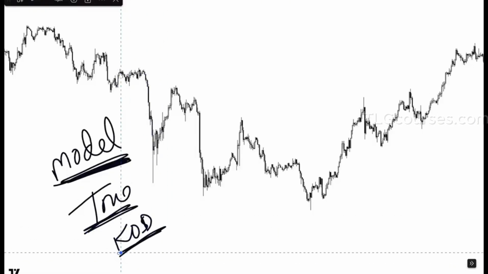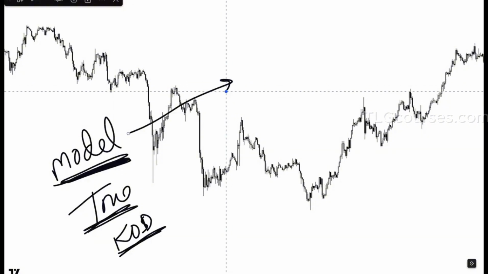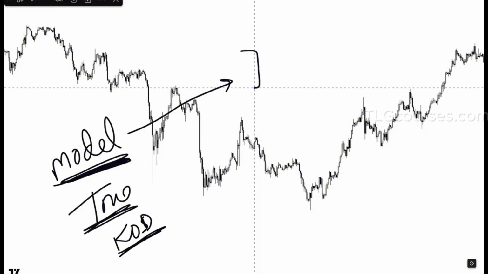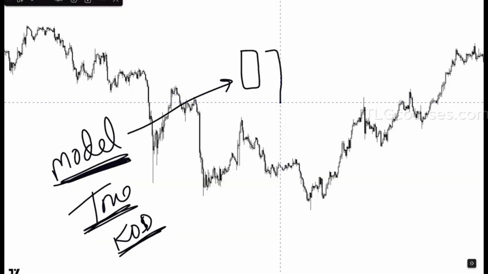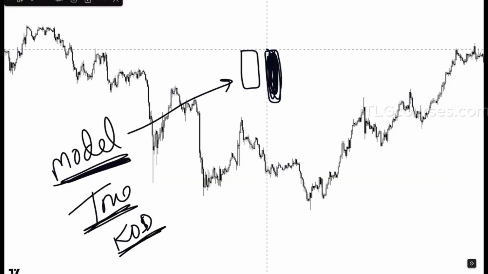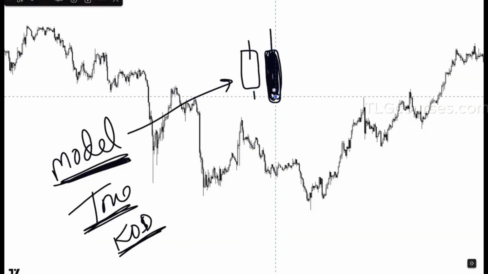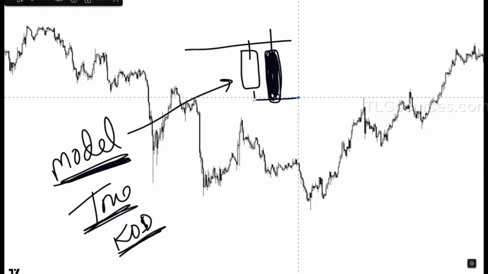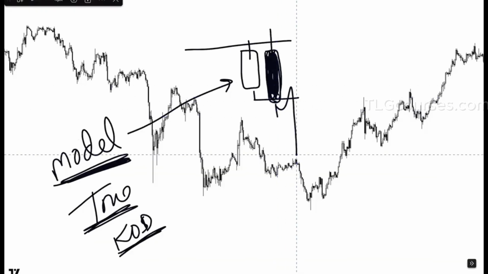Right, model number one, here are some nuances. A thick up-close candle is almost always more favorable than a not thick up-close candle. Right, hold higher, close, activated, and vice versa.